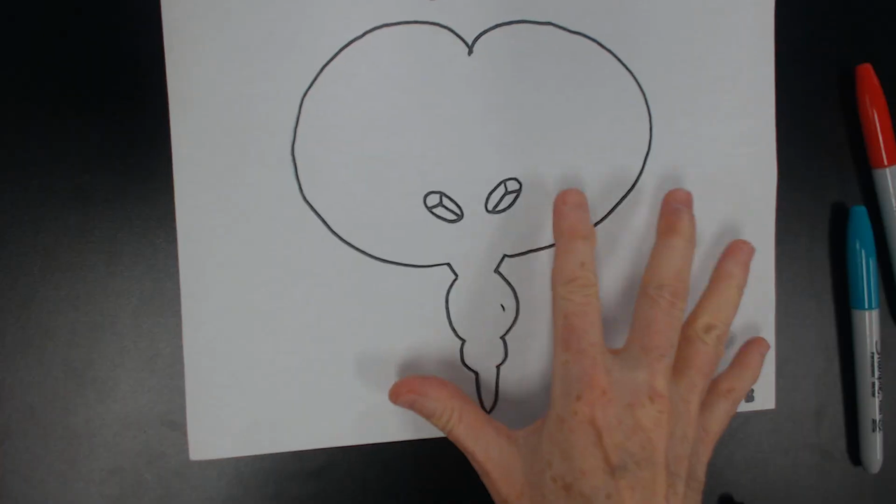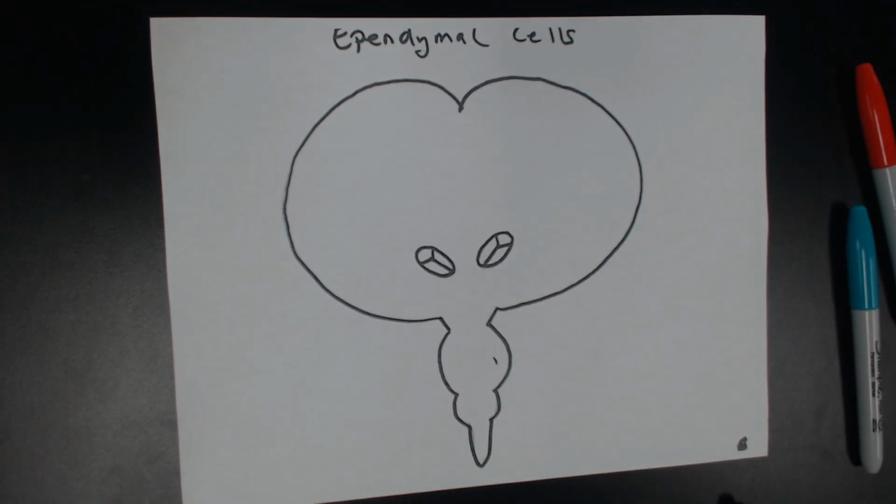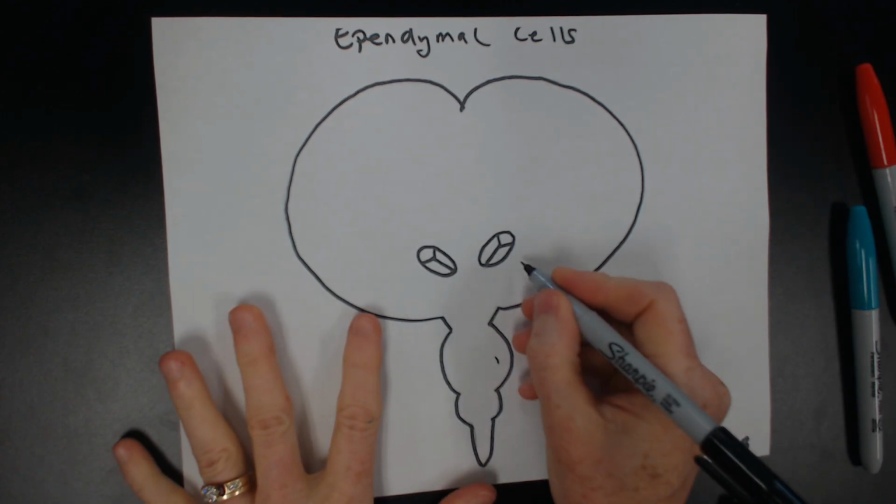The next one's going to be a little bit of a quick review. Talk about another kind of glial cell that's only in the CNS. It's called an ependymal cell. Okay. Your ependymal cells, here quick review.